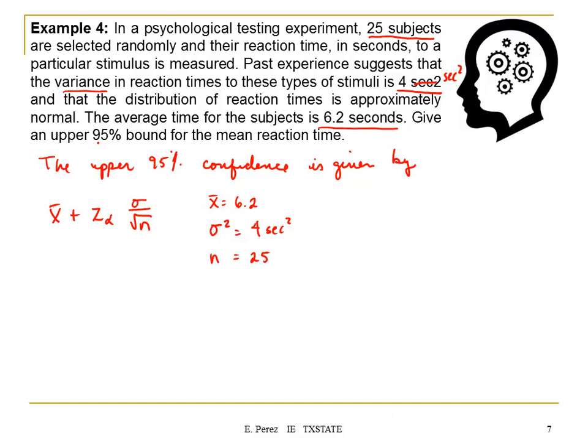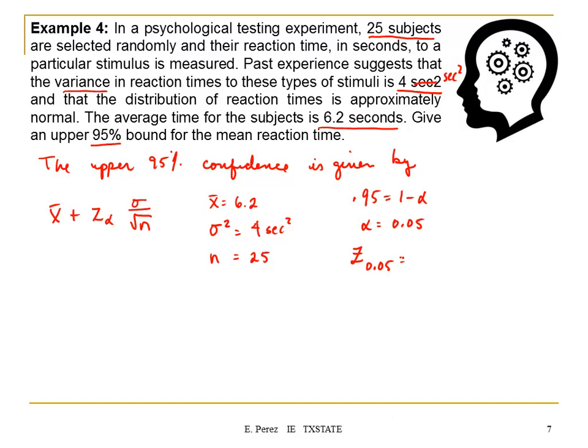We are looking for an upper bound with 95% confidence. So we know that 0.95 is going to be equal to 1 minus alpha. So our alpha is 0.05.